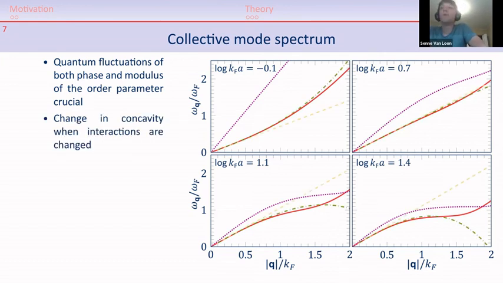Then we have some analytic results in the long wavelength limits, where the yellow dashed line here shows just the linear dispersion, which is controlled by the speed of sound. And then if you add the cubic term, with the green line, you can see that the concavity changes if you change the interactions.